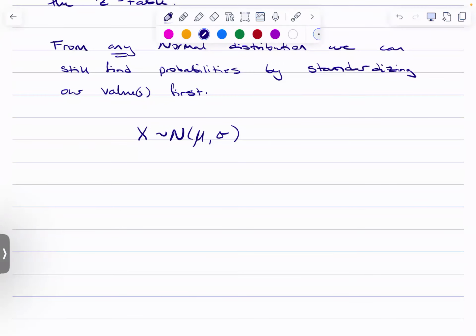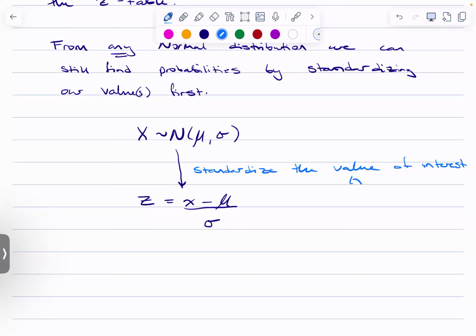So what you're going to do next is standardize it. From this normal distribution, you standardize it and find Z. So standardize the value of interest, which is your X.